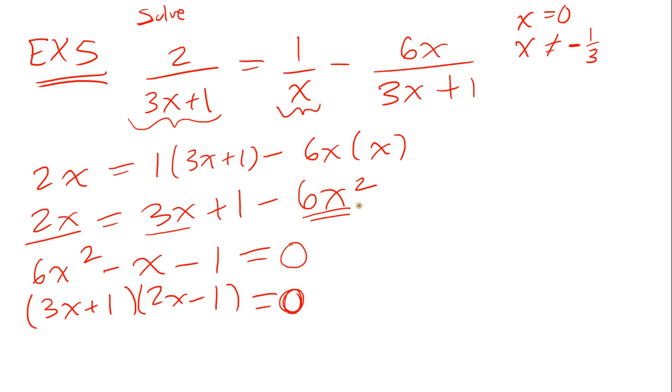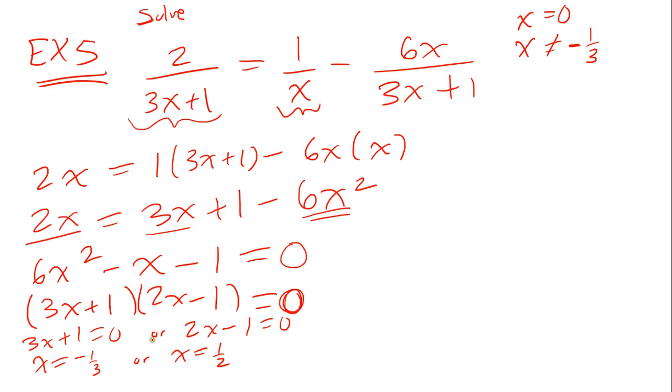So in other words, 3x plus 1 equals 0, or 2x minus 1 equals 0, which means that x equals minus 1/3, or x equals 1/2.